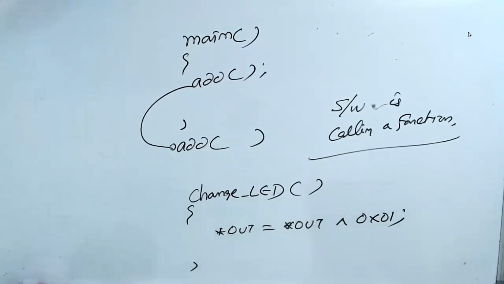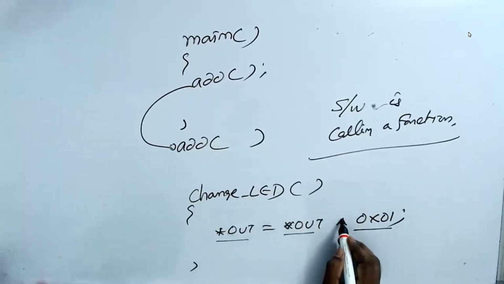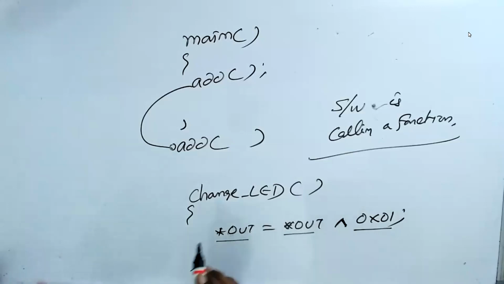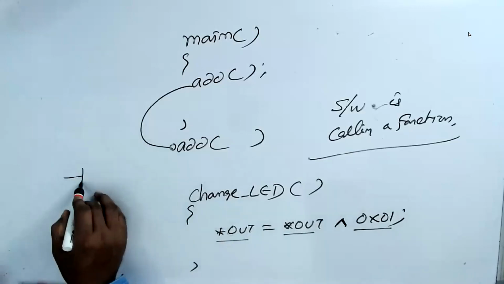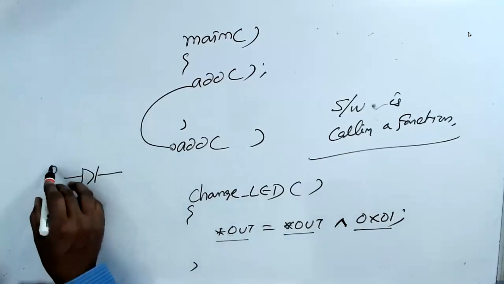Do you understand what I'm doing now? Since this is XOR, let us assume initially it is 0, LED is off. I do it only on bit 0.